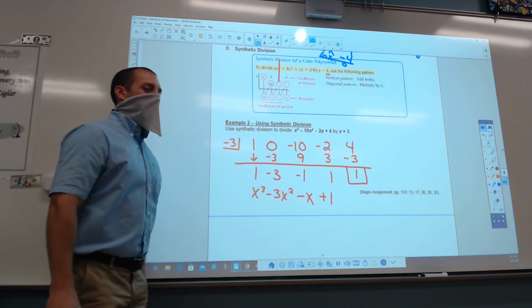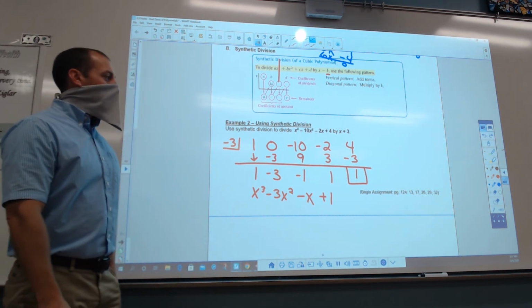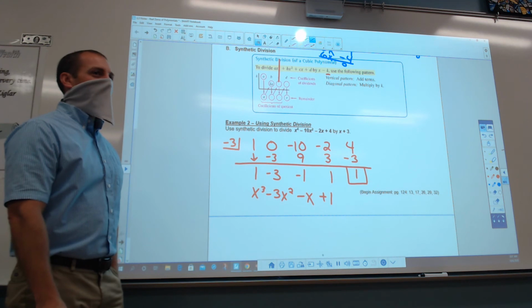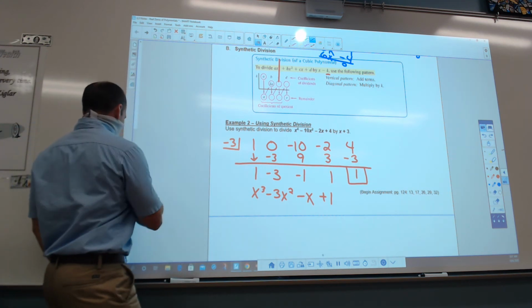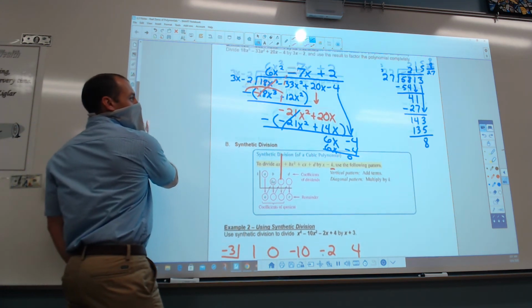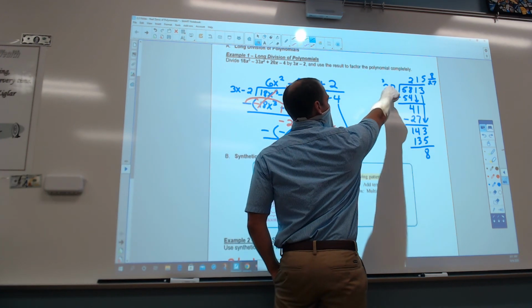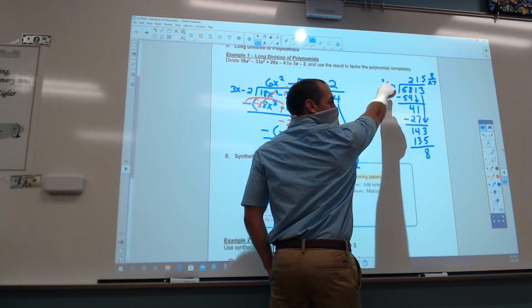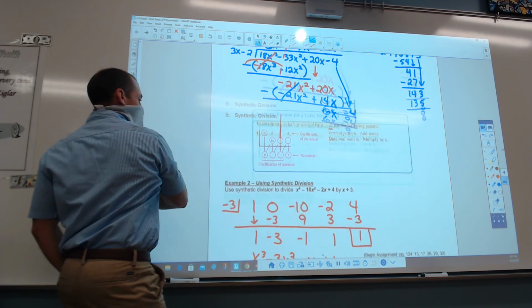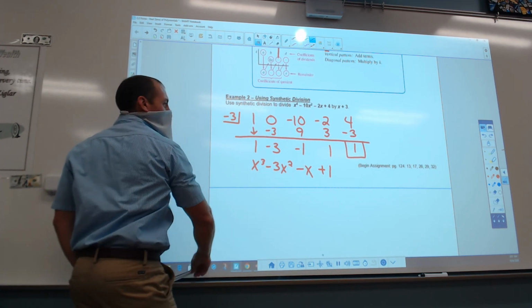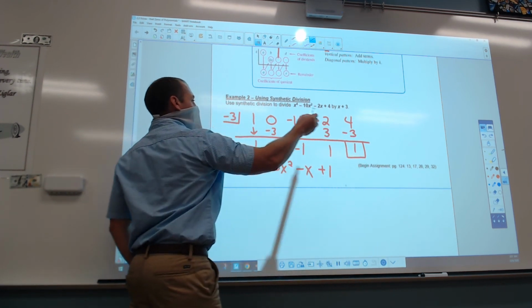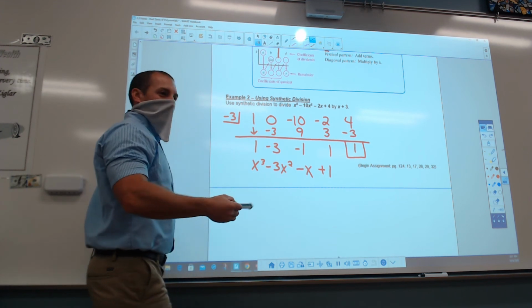Now let's interpret this remainder. 1 over what? Let's go back to here. It was 8 over what we divided into it, right? So it's 1 over, what did we divide into this? x plus 3.